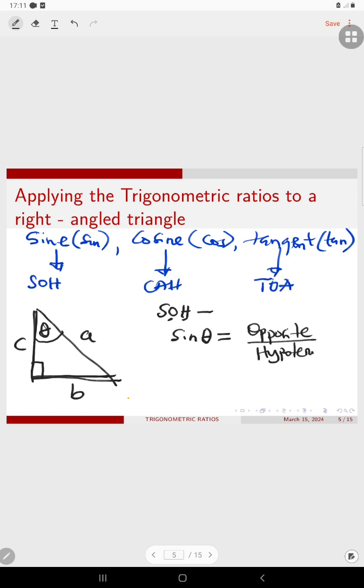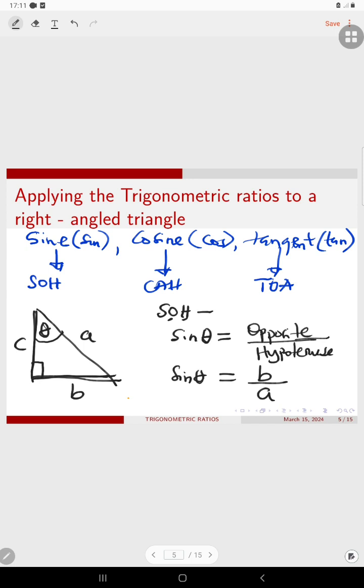So this is the ratio. When you check the diagram, what is my opposite? My opposite is the one facing the reference angle, which is B, over the hypotenuse, which is my A.